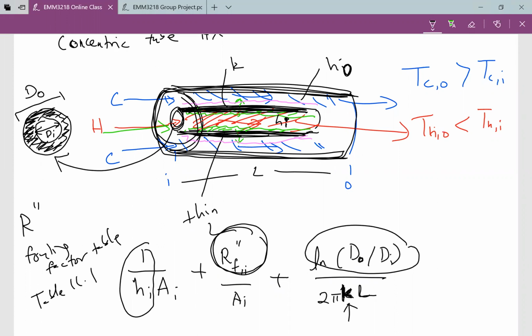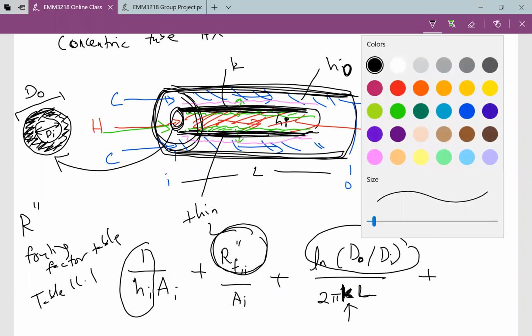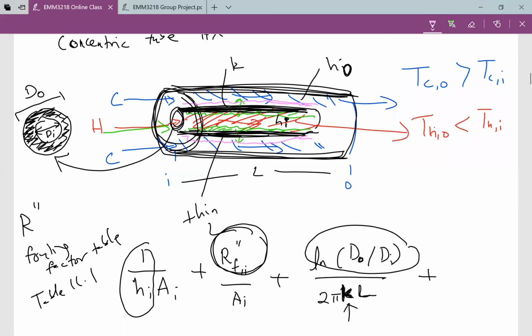But it looks a bit weird because it's cylindrical coordinate, cylindrical wall. And then if you have fouling on the outer surface of the inner tube, which is this green color, this is sedimentation or fouling due to the fluid flowing through that outer region.